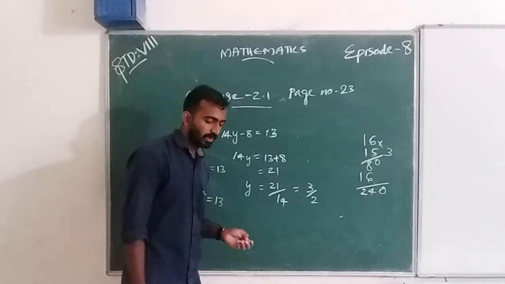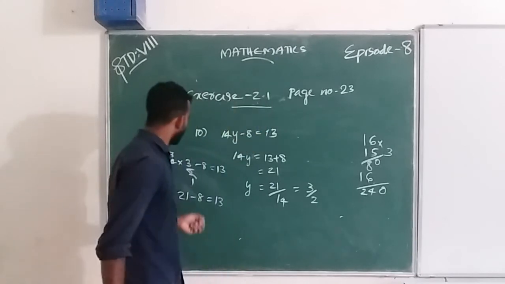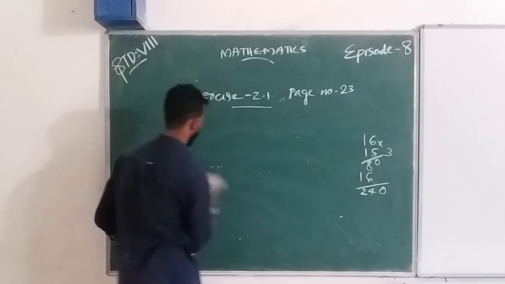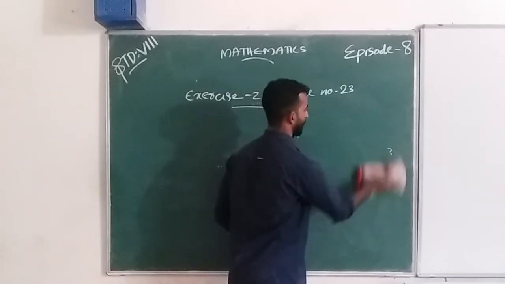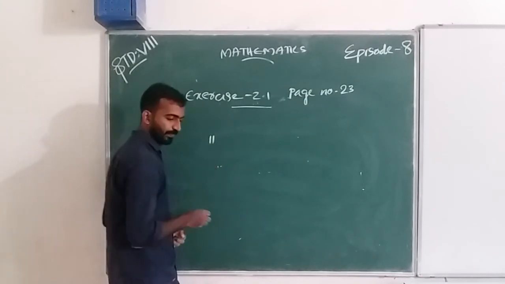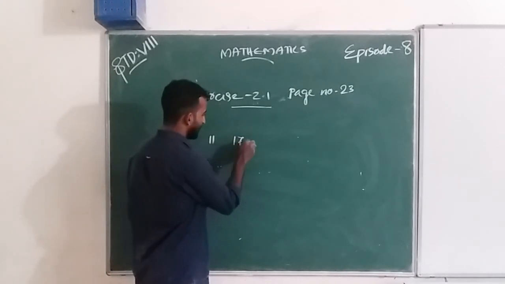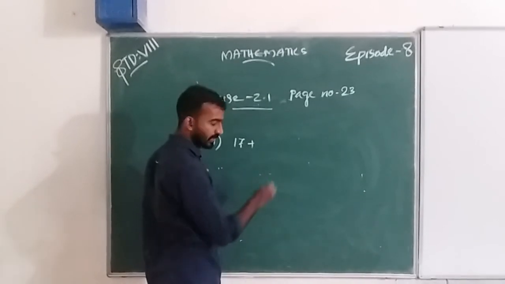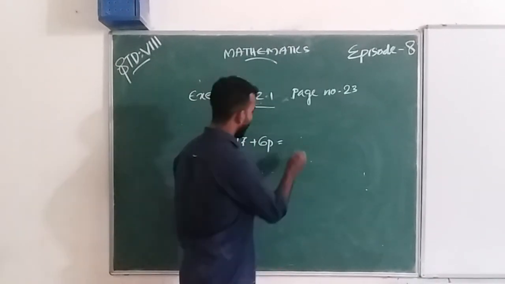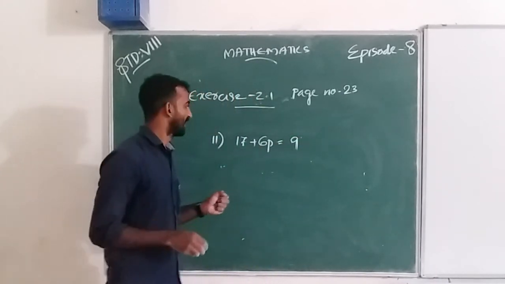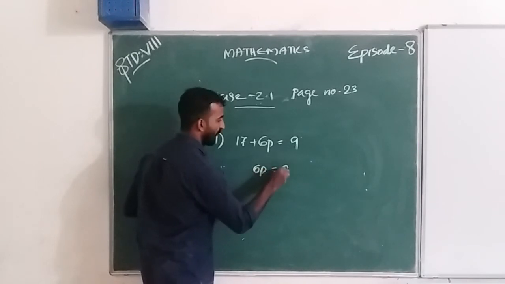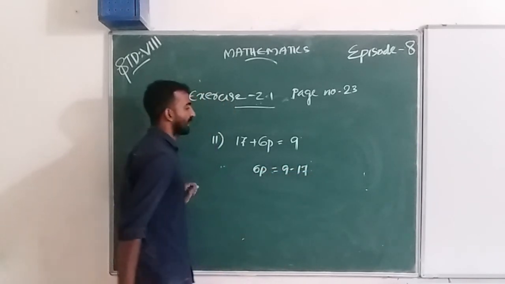And next question is 11. 9 equal to 6b plus 17, that is we get 6b equal to 9 minus 17.